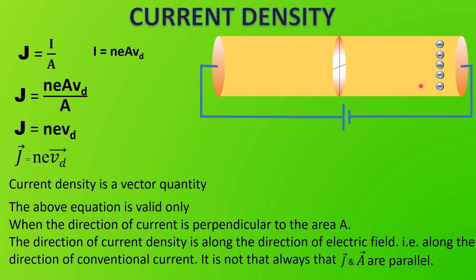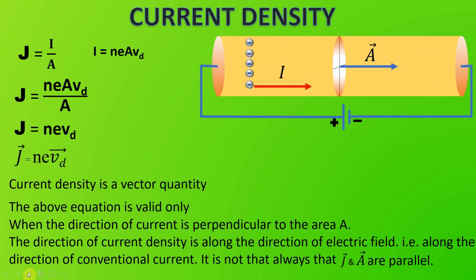If the electrons are moving from one end to another, what is the direction of flow of charges through this particular area? This area has its own area vector, and the area vector is always normal. This is the direction of current flow, this is the direction of free electrons.